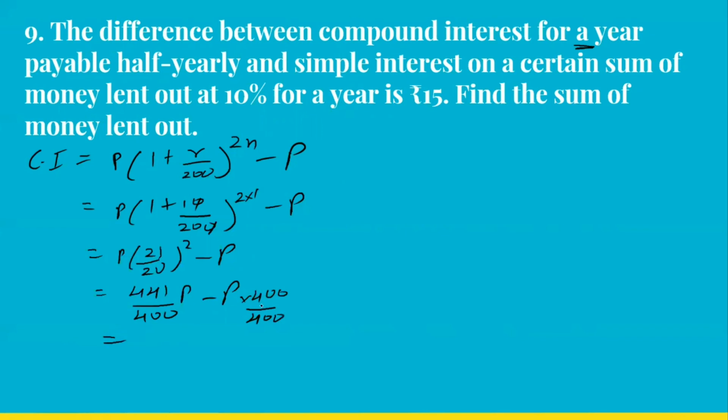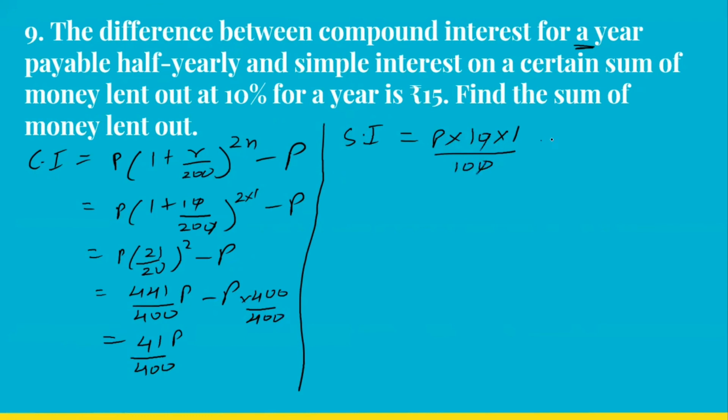So we get 441 minus 400 is 41P upon 400 is your compound interest, right? Now let us find the simple interest. So simple interest is equal to PRN upon 100. So P into rate is 10 into N, which is 1 upon 100. So which is going to be P by 10. So this is your simple interest.